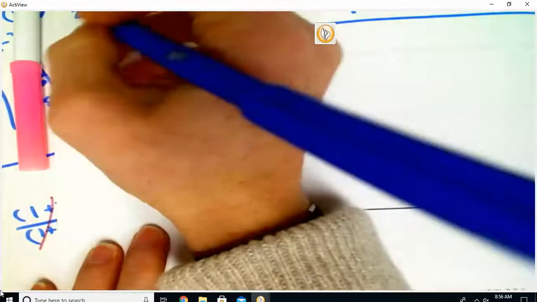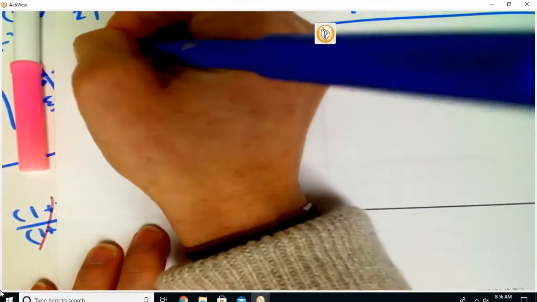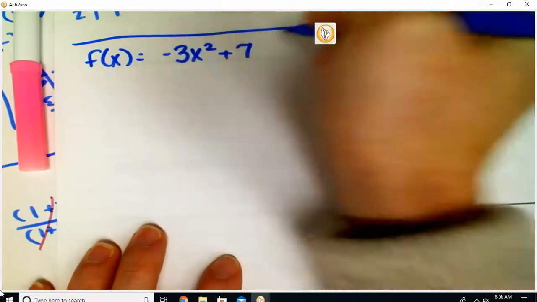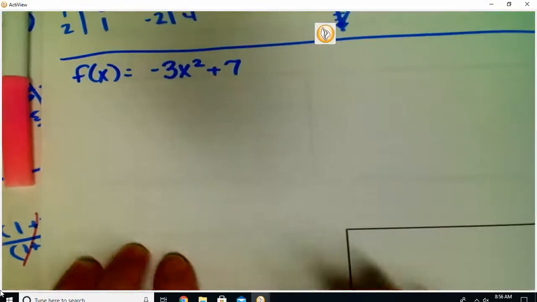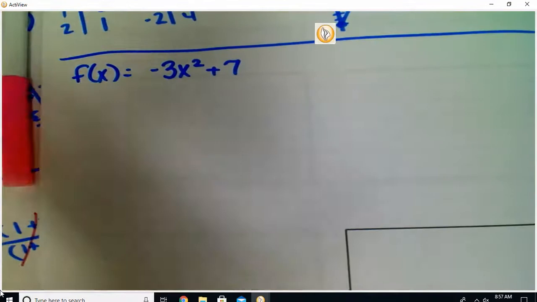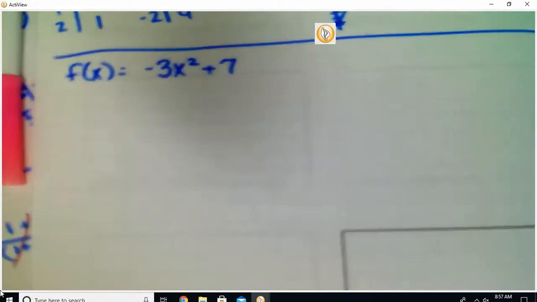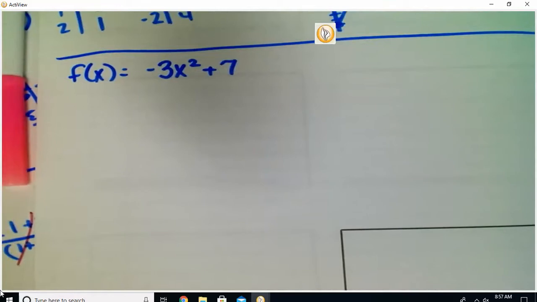If I said f of x is negative 3x squared plus 7, how do you decide from an equation if it's even or odd? You put in a negative x. If you put in a negative x and you get the exact same thing out, it is even.